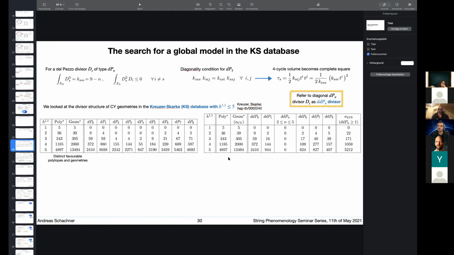So it could have been that for some reason you can't embed the dP2 to dP4, but you can embed the diagonal dP5. However, the gap seems to start between 5 and 6, which seems, at least to me, a bit mysterious. And so far, I think we don't have a good argument for that. So it's an interesting observation. Yeah, that is interesting.